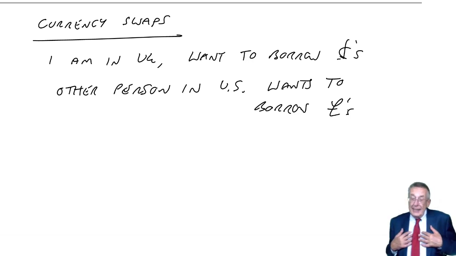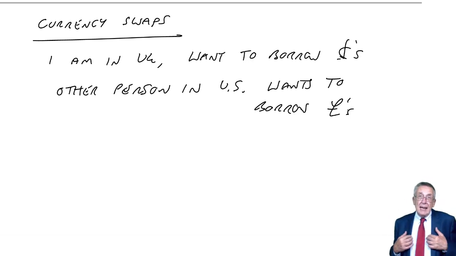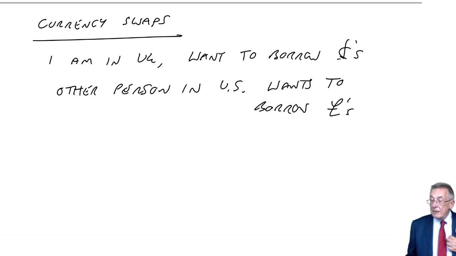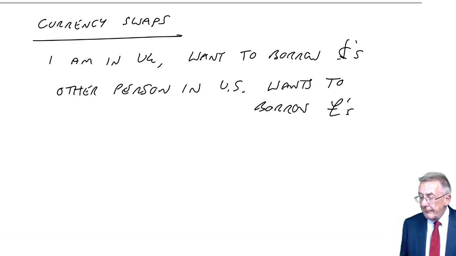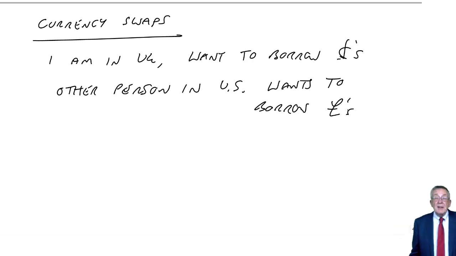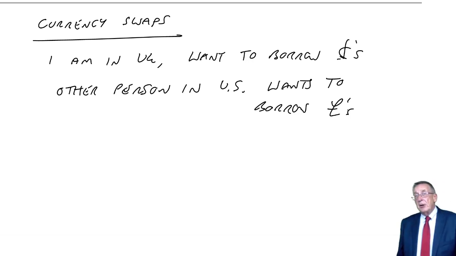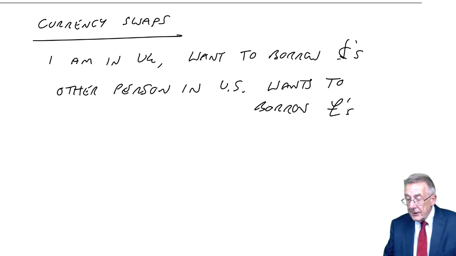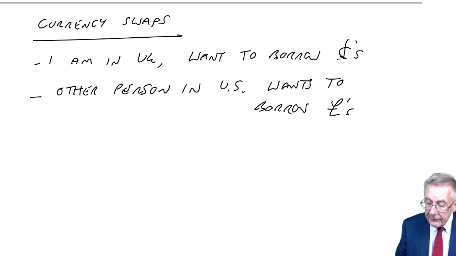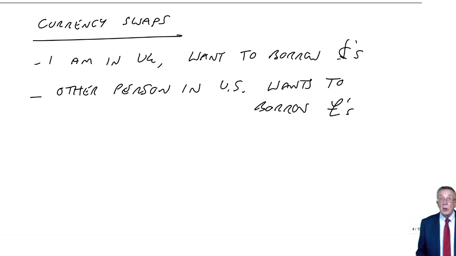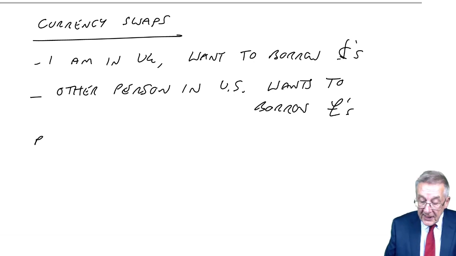I'm in the UK, it's probably going to cost me more in interest terms to borrow dollars than it would cost someone in America. Someone in America can probably borrow dollars cheaper than I can. And equally, because I'm in the UK, I can probably borrow pounds at a lower interest rate than the other person. So instead of doing our own borrowing, I borrow in dollars and they borrow in pounds, we can potentially save interest.